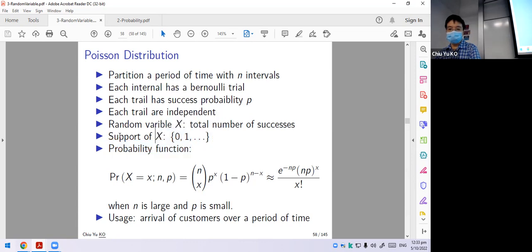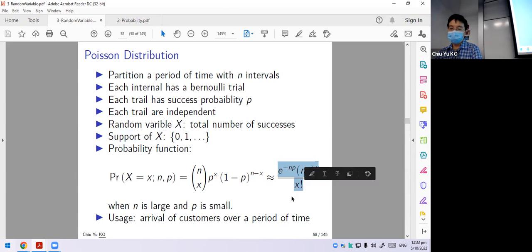Do note that the support of x is up to n, and n is very large, so n will go to infinity. Some mathematical steps will tell you that when n is very large and p is very small, it turns out to look like this.